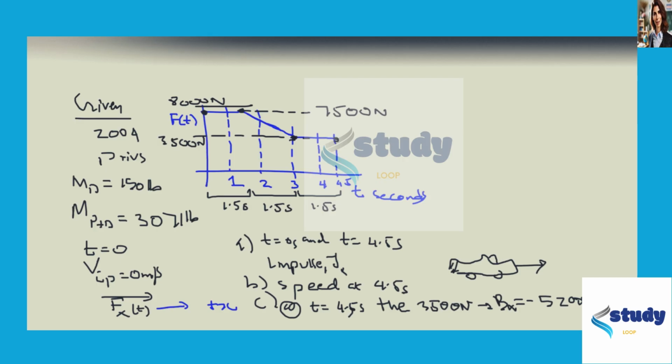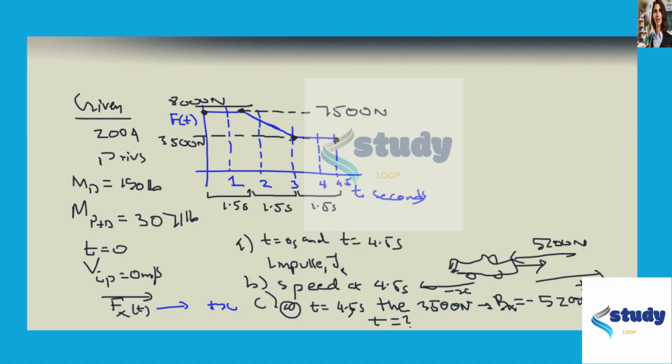Maybe you have the window somewhere like that. So the Prius is moving towards the right, and then you have a braking force of 5,200 newtons opposing it. This is the positive x direction, and so the negative x direction will be that way. That's why we have the force as negative. So there's a force being applied. How long does it take for the car to stop?